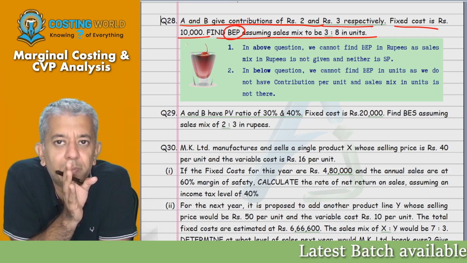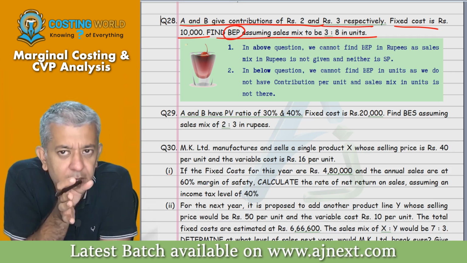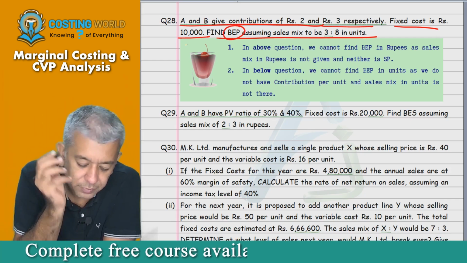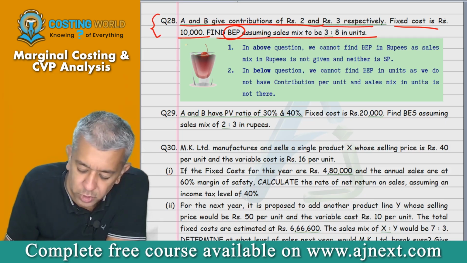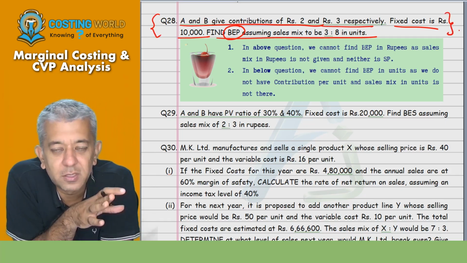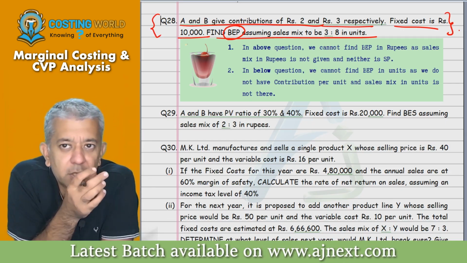Now, sir, should we find out break-even point in rupees or in units? Read this two-liner question once more and tell me, will you be able to get the answer in rupees or units?